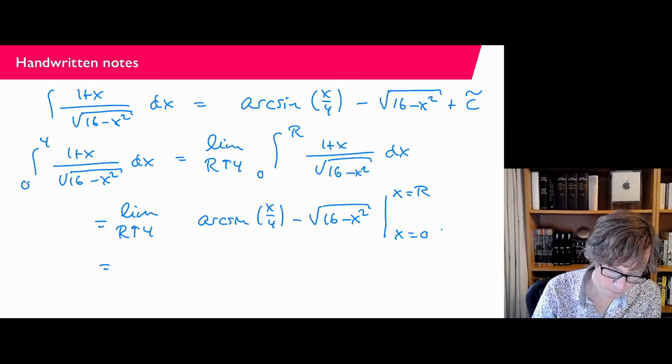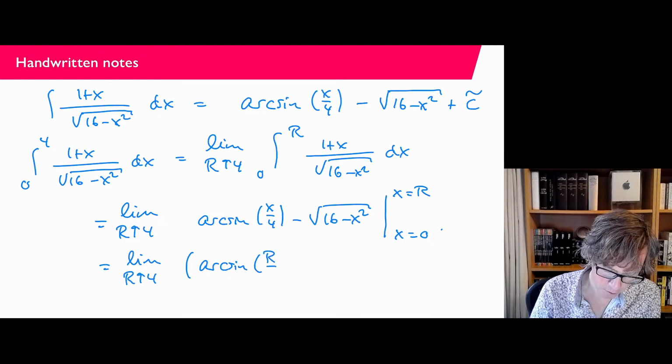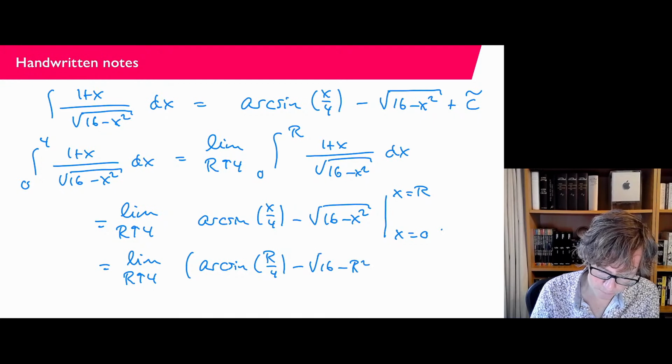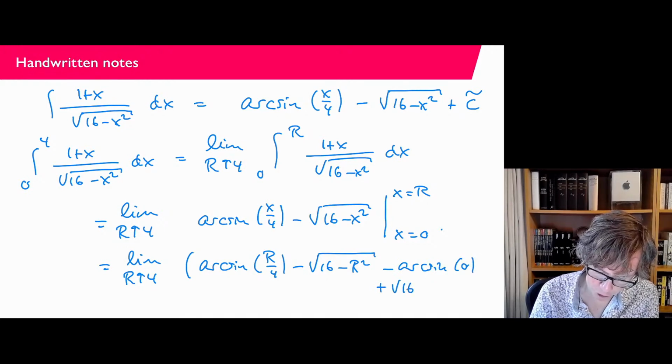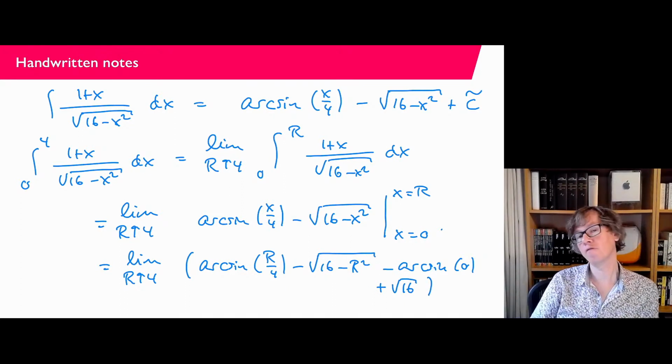Limit R going to 4, and then we get the arcsine of R over 4 minus the square root of 16 minus R squared, minus the arcsine of 0 plus the square root of 16 minus 0, which is 16. And then finally I can take the limit.